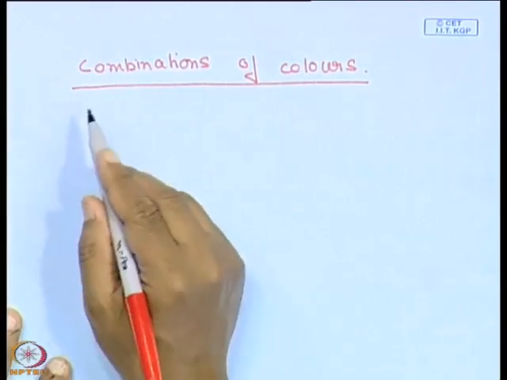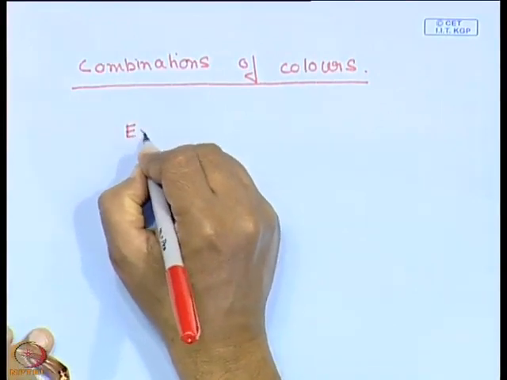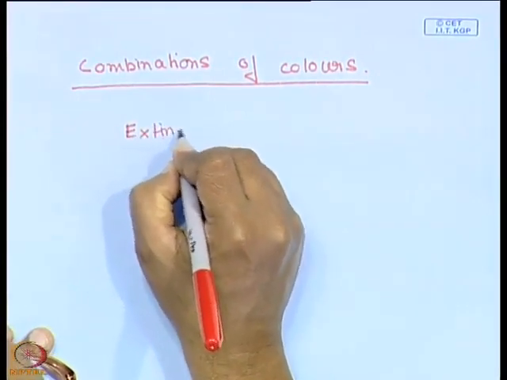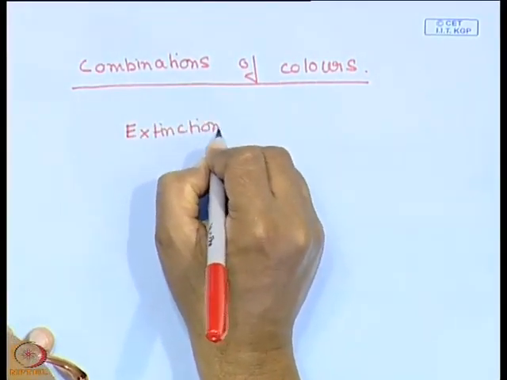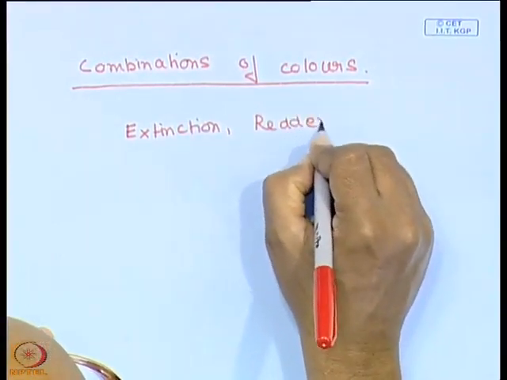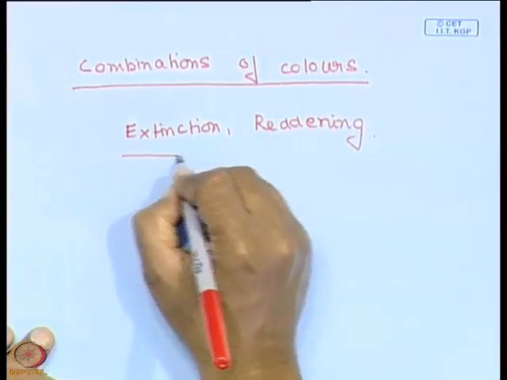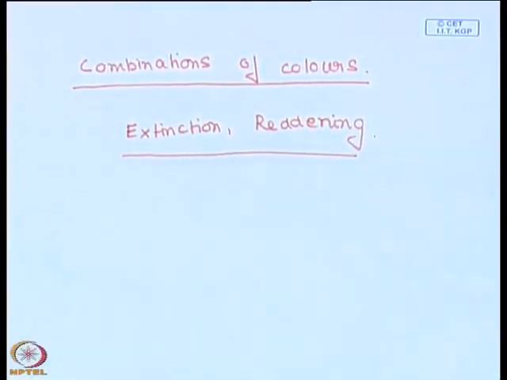From this one can work out the amount of extinction and reddening by using combinations of colors.